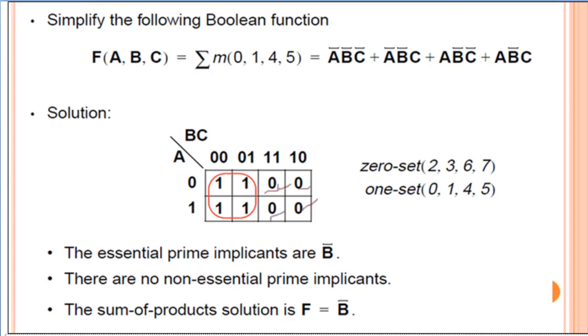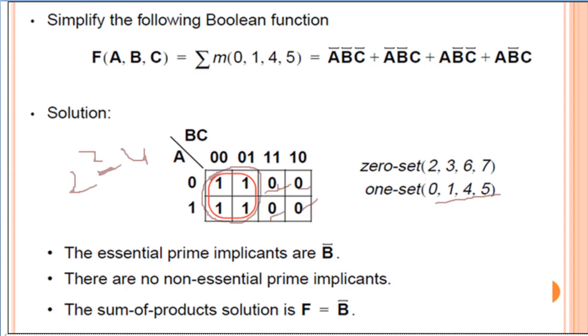Now the one set will be the one we have given: 0 1 4 5. The essential prime implicants will be, we will group these four ones. That will be 2 to the power 2, that means 4. We can create here a group of 4 ones.